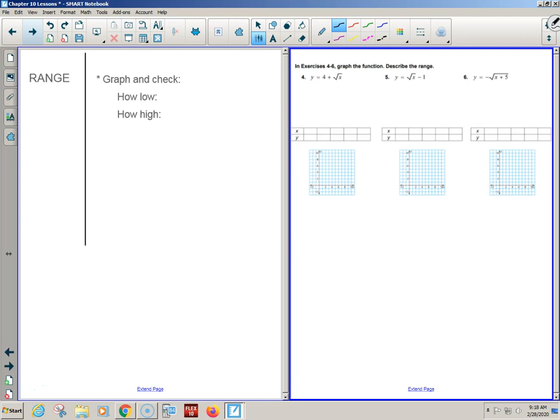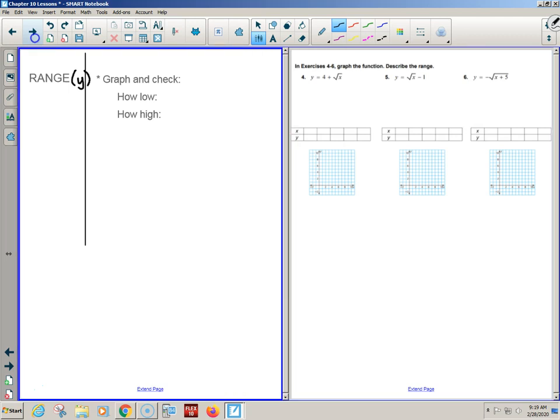Now, range, hold on. We just wrote this down a second ago, right? Isn't range the y's? If domain was answering how left does it go on the x-axis, how right is it allowed to go on the x-axis, or which x's are allowed and which are not, range is going to answer how low or how high.